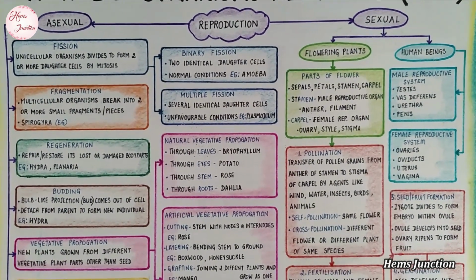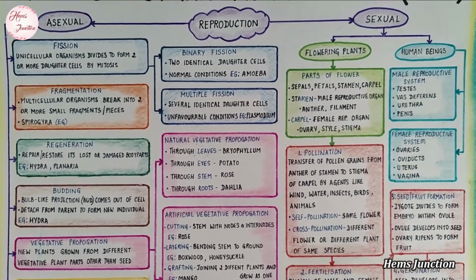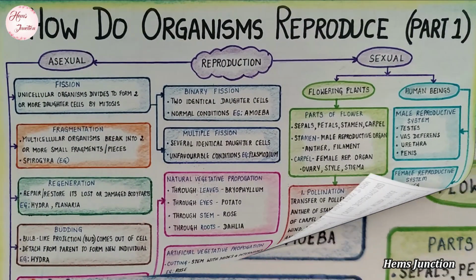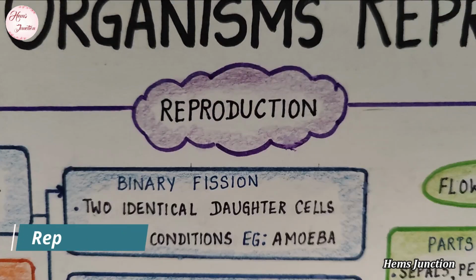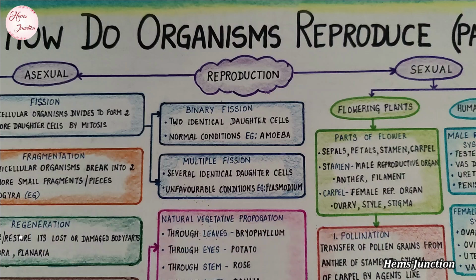Here is the complete mind map. What is reproduction? It is the biological process by which offsprings are produced from their parents. It is of two types, asexual and sexual reproduction.